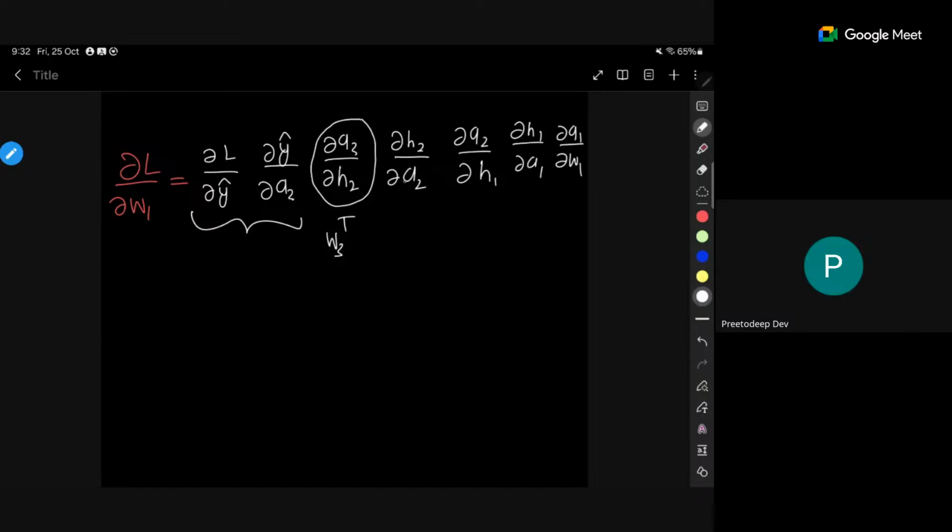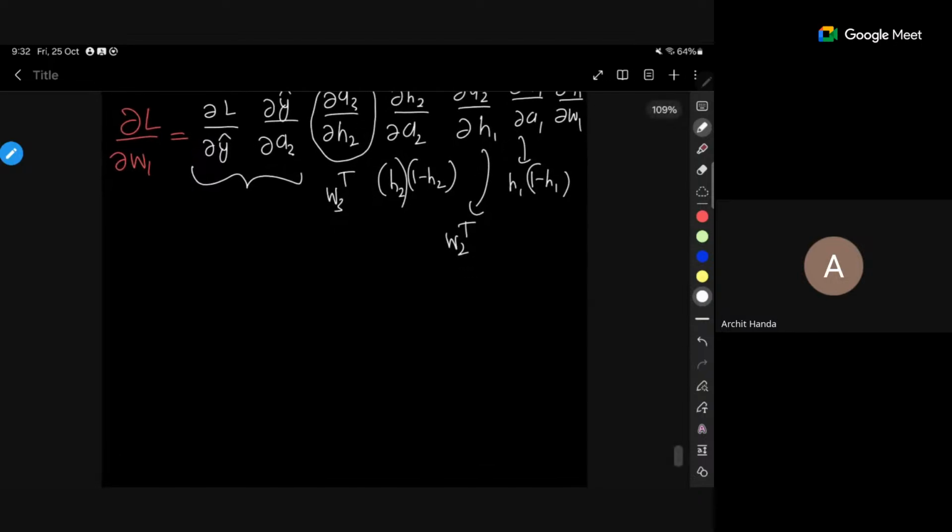Now this is sigmoid, so I'll get H2 times 1 minus H2. What is A2 with respect to H1? I'll get W2 transpose, again in front. Then here is H1 times 1 minus H1.